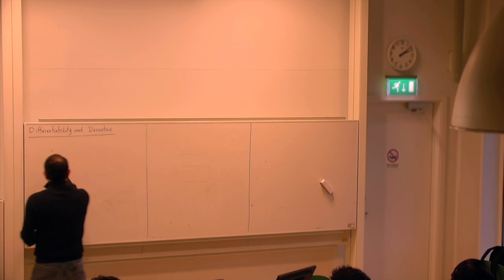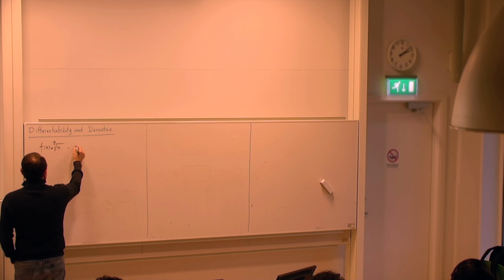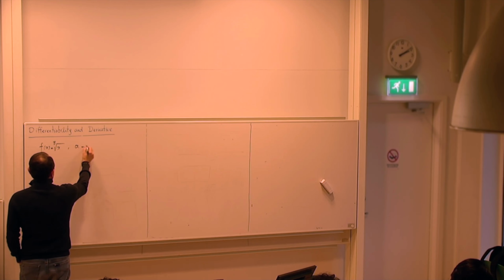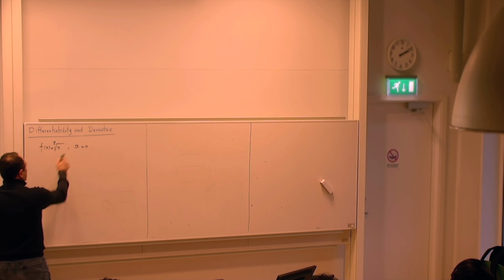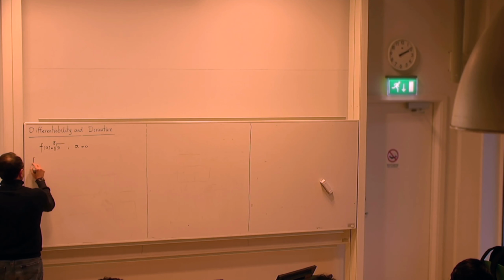So a function is given to us, f of x equals the third root of x, and I have given you the point A to be 0, and I'm talking about investigating the differentiability of f at 0. So what we are supposed to do, let us write the formula.